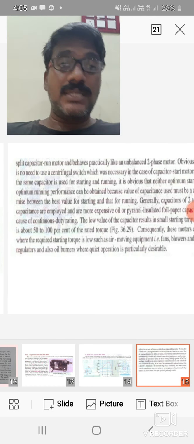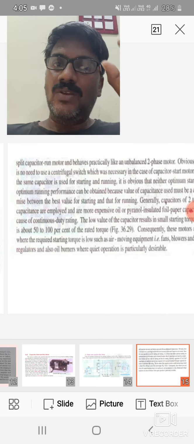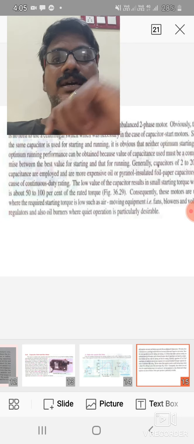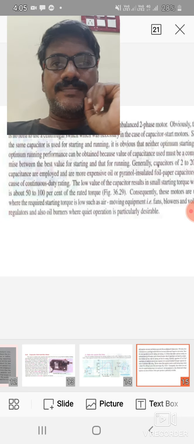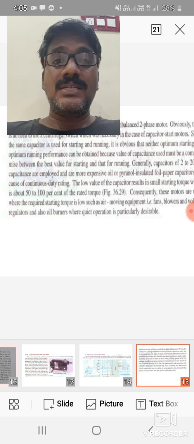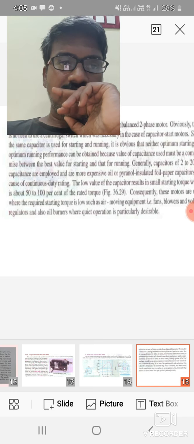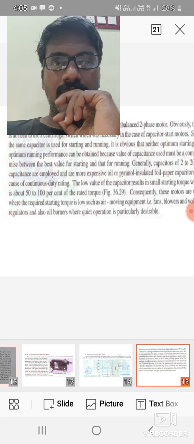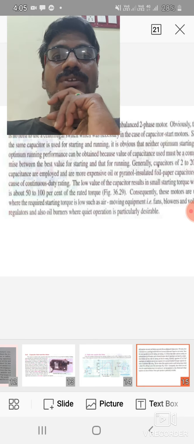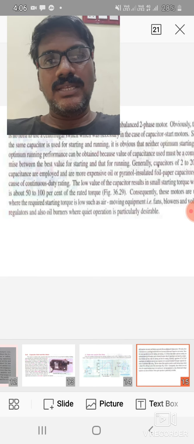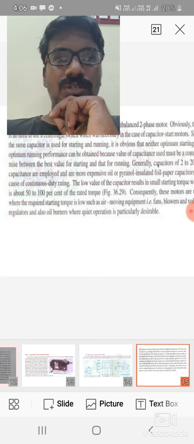But in the case of a capacitor start motor, we use a high value capacitor. Because of the high value capacitor, we get high starting current, but after that we can disconnect it. But in this case, the capacitor is continuously connected. So if you use a high value capacitor, we get some problems, right? A high value is only for a short duration.